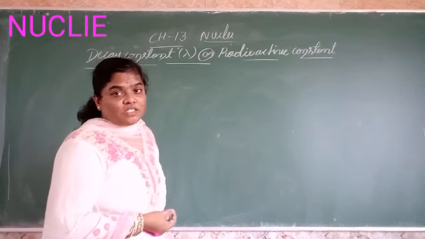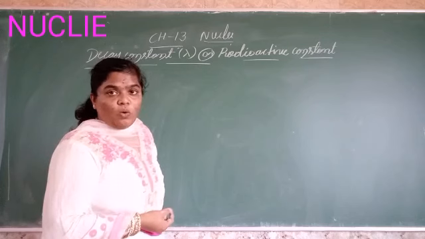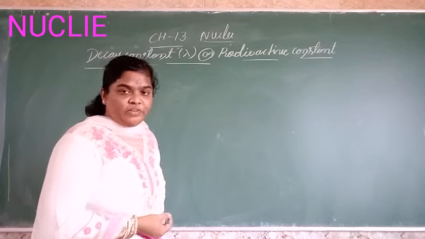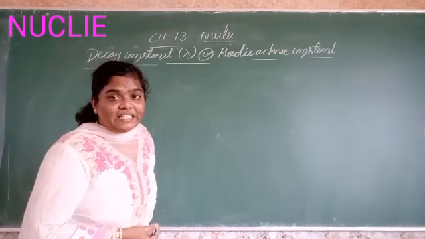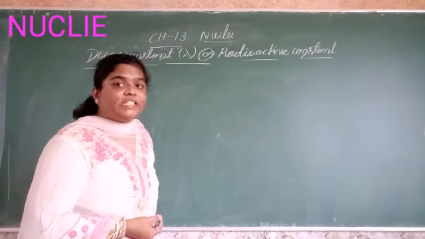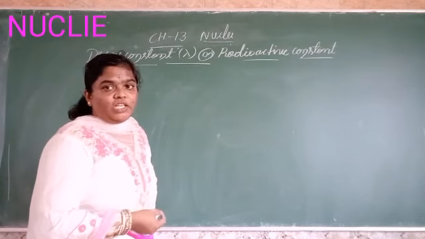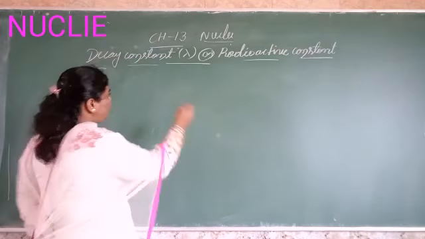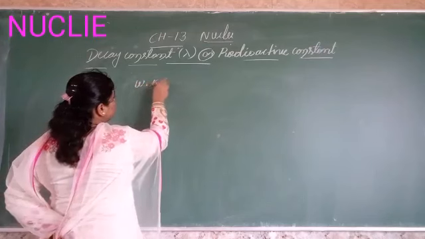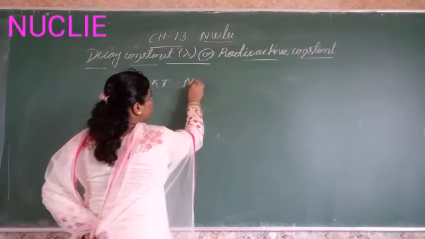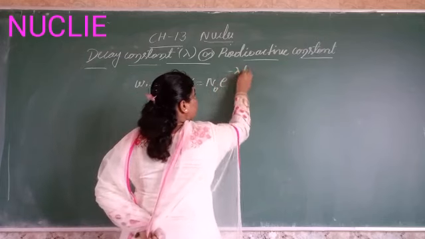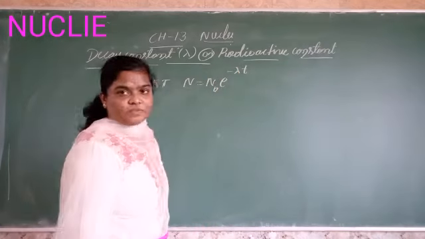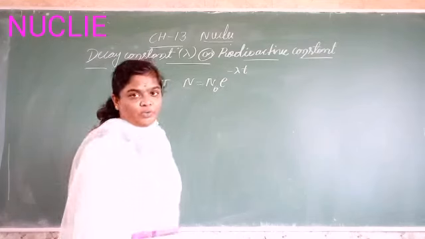The decay constant is the reciprocal of the time during which the number of atoms in a radioactive sample decreases to 1 by e times the initial value. So we know that n is equal to n naught e to the power of minus lambda t. This is from the radioactive decay law.